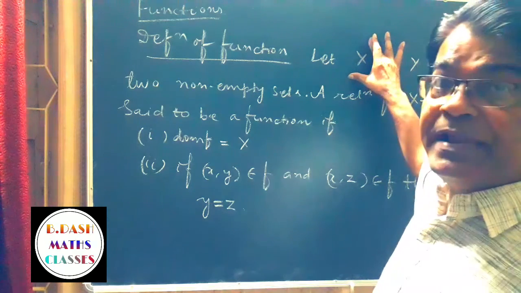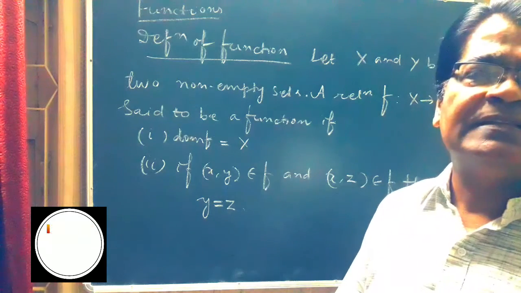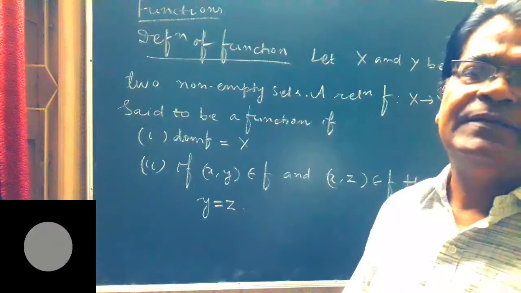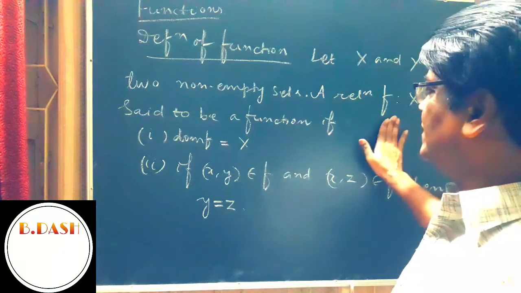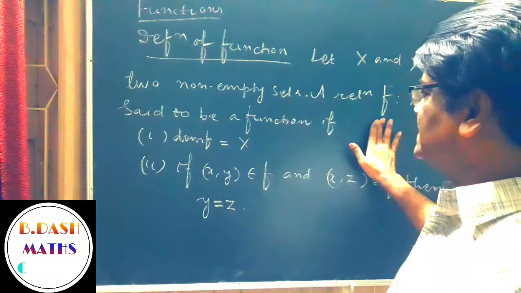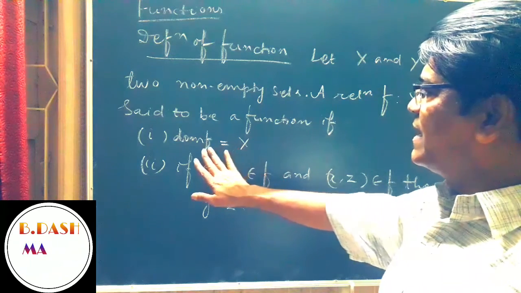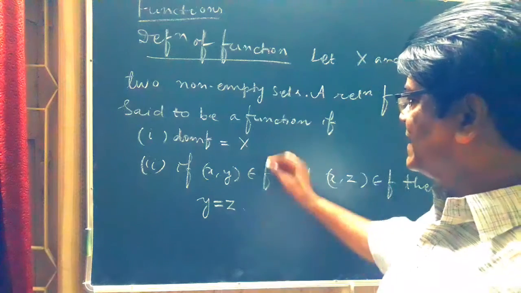Each and every element of set x must have images in set y under this relation f, and then only we can write domain of f is equal to set x.